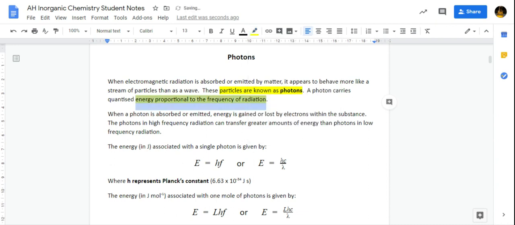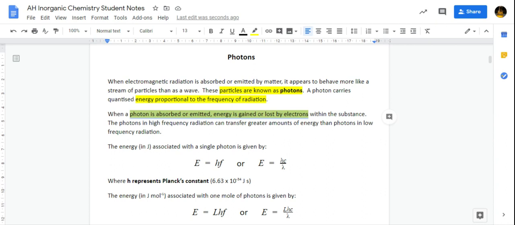It's like a packet of energy. If a photon is absorbed or emitted, then energy is gained or lost by the electrons within that substance. Photons in high frequency radiation can transfer greater amounts of energy than photons in low frequency radiation, so the energy is directly proportional to the frequency.